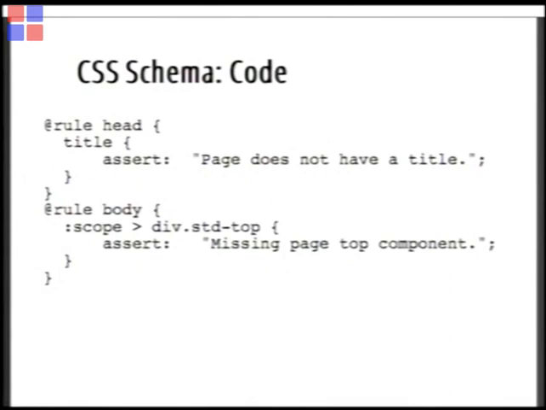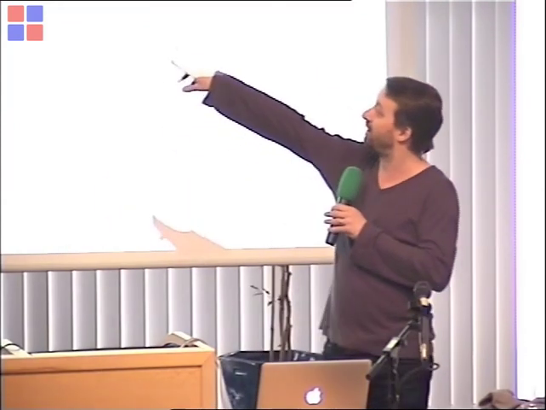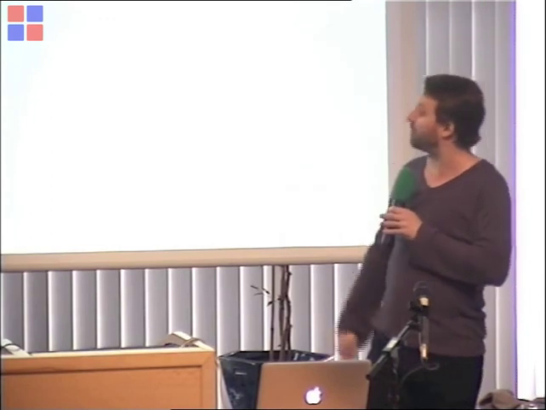Basically, you create context, so inside the head, if you don't have a title, then you complain that it doesn't have a title. Inside the body, that's rule body. So scope is a special CSS selector that applies to the scope. This is the current scope, so it's body in this case. If it doesn't have a direct child with standard top class, blah, blah, blah, it's missing the top component.